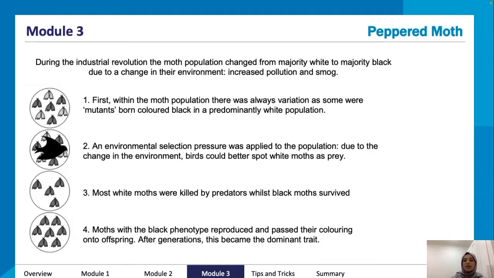As a result, moths with the black phenotype, or physical structure, reproduced and passed on those colourings to their offspring, and after many generations actually achieved the dominant trait. So that is the diagram there as well.